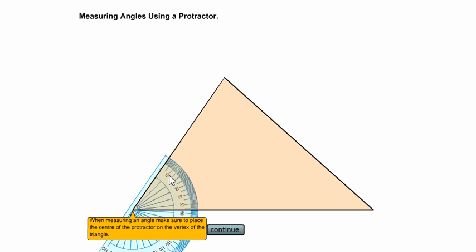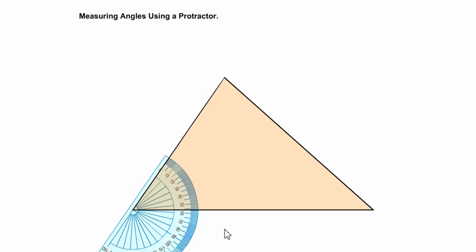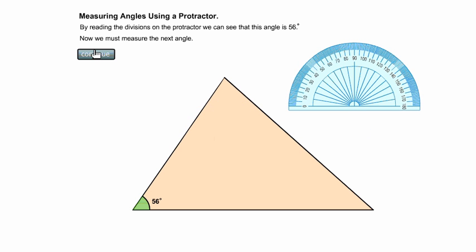This is a protractor. So when we measure the angle, we have to make sure that we put this center of the protractor on the vertex. This is called the vertex, where the two lines are meeting. So in this case here, what I want to make sure is that I have read that this is 56 degrees.